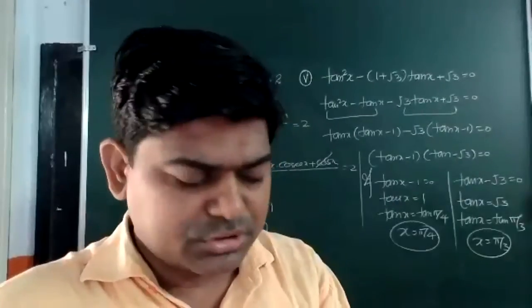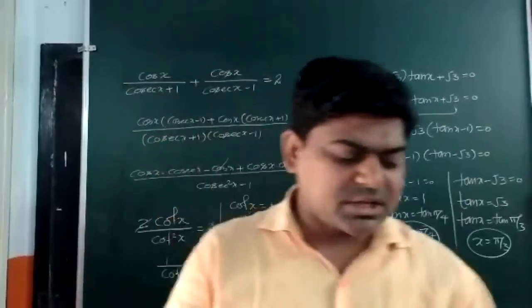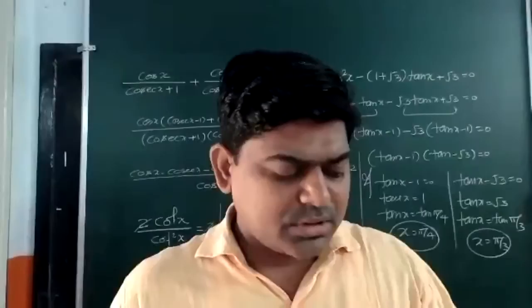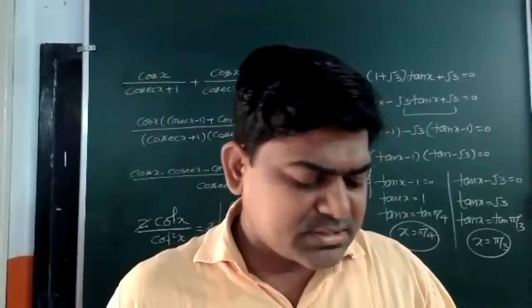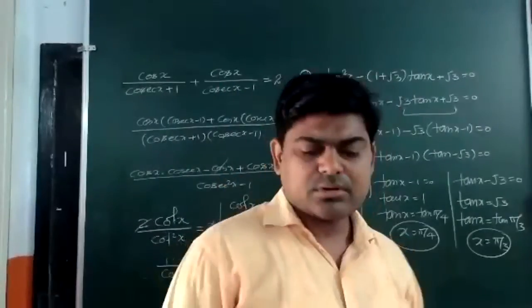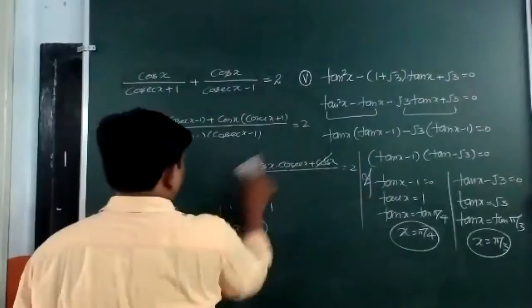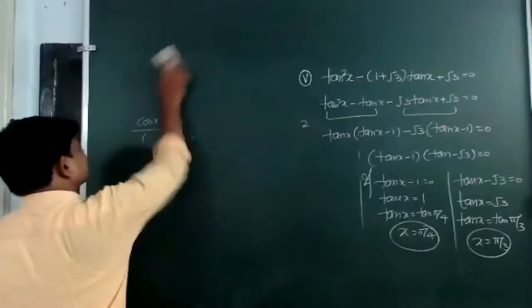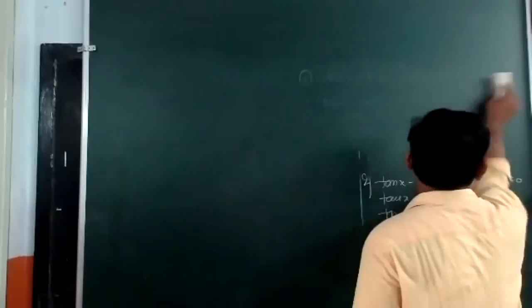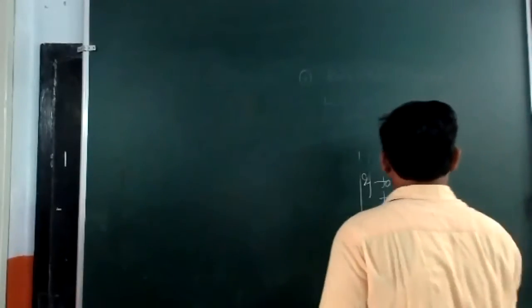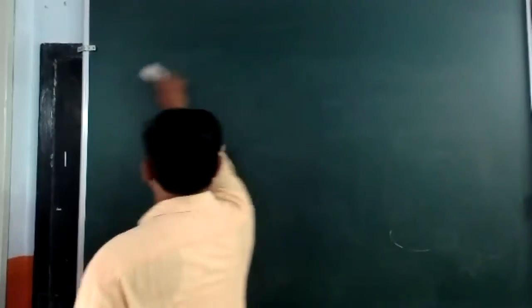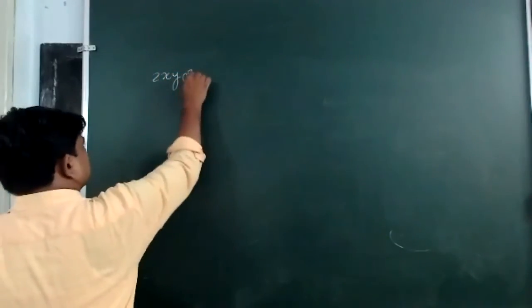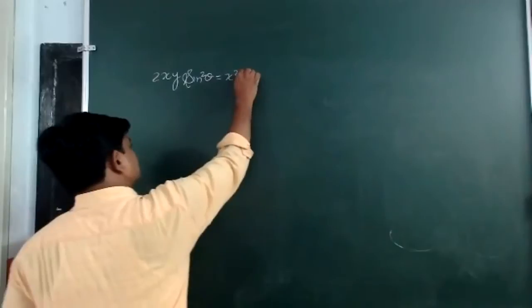Is it? Now see. In question number 21, the first point is that if x and y belong to R, so that the equation 2xy sin square theta is equal to x square plus y square.